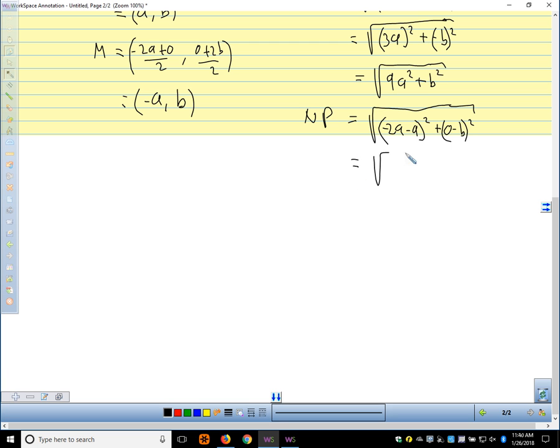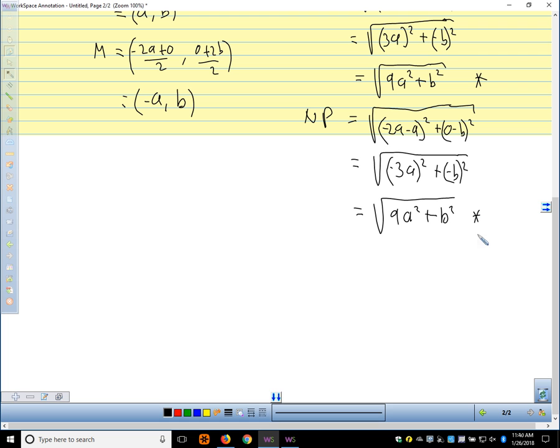Well, that equals the square root of negative 2a minus a is negative 3a squared, and we get plus negative b squared. Square everything. When we square something, we always get a positive. So negative 3a squared is 9a squared, plus b squared.